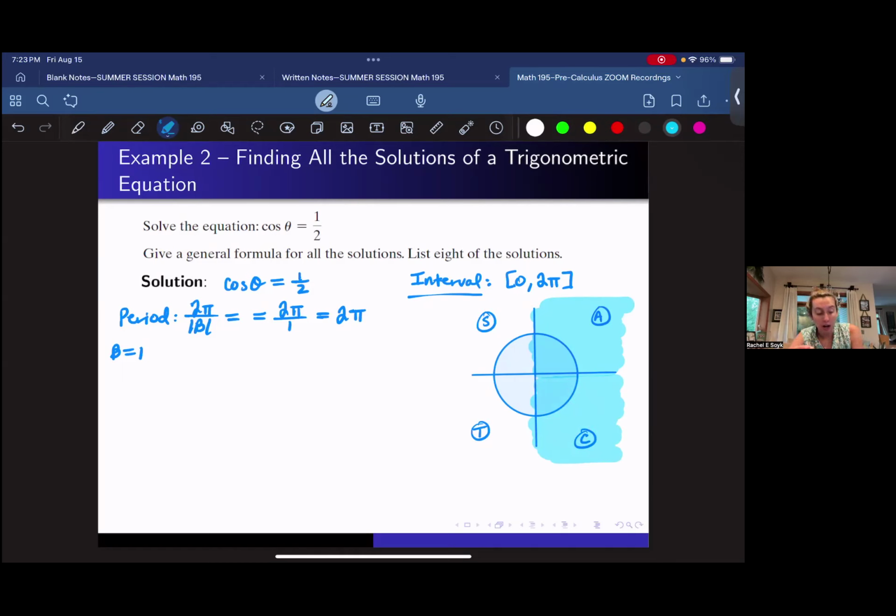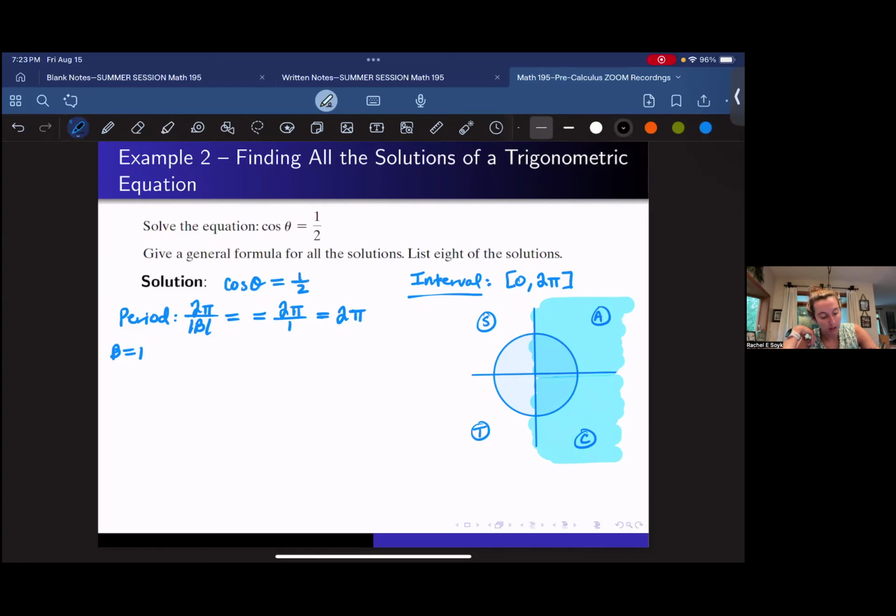And so now we ask ourselves, cosine of what angle gives us 1/2? And this is one of our famous angles. We know sine of 30 is 1/2. So cosine of 60 degrees is 1/2.